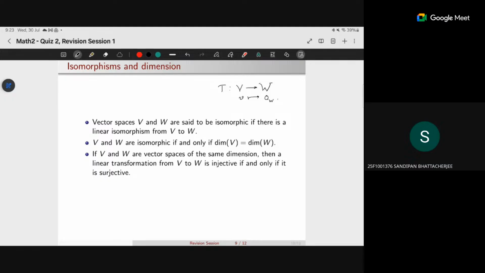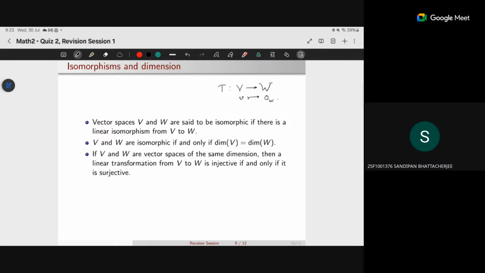If you have vector spaces of the same dimensions, then as I said before, even if they are of the same dimension, any map between them need not be an isomorphism. You could have non-isomorphism transformations between even isomorphic spaces.